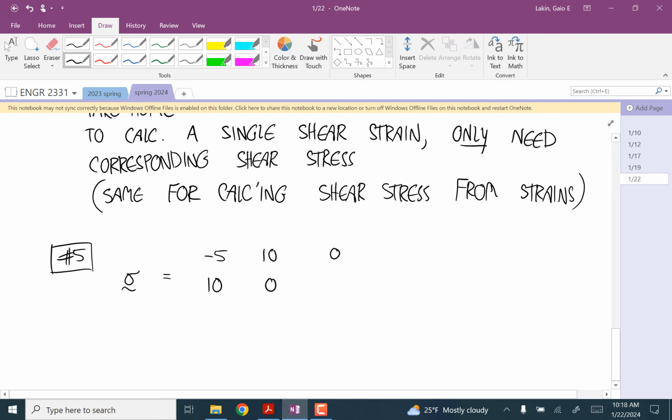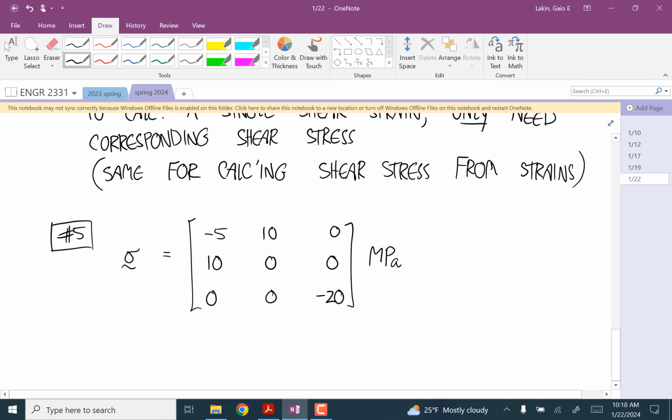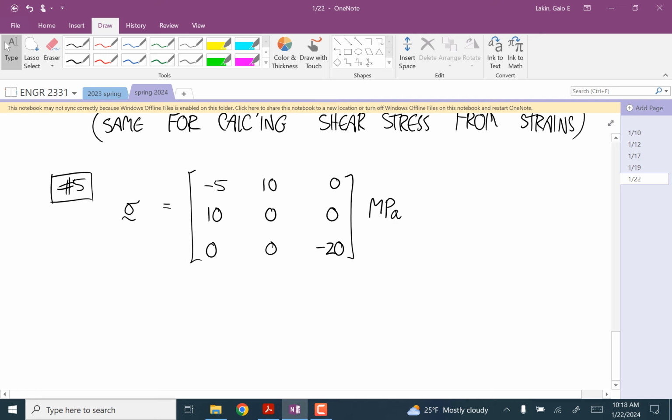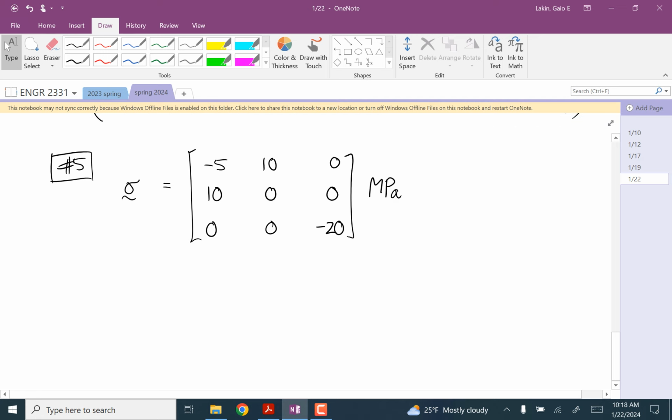So 0, 0, 0, 0, -20. And that means that the Voigt stress is -5, 0, -20, 0, 0, 10.